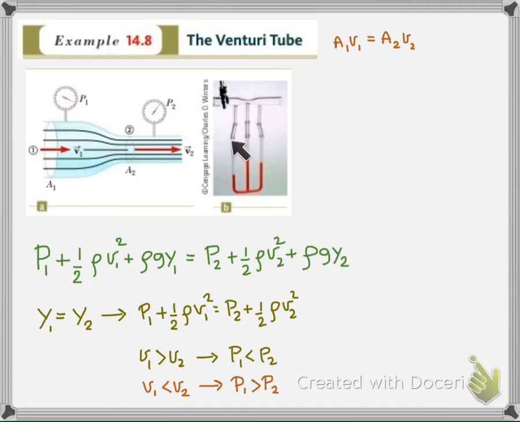So the pressure in this tube is different from the pressure in this tube, and the velocity here is larger. It means that the pressure in this tube is smaller, and since the pressure in this tube is smaller, the pressure in this tube is larger, and the fluid in this tube, or maybe the air in this tube, will push the liquid up.